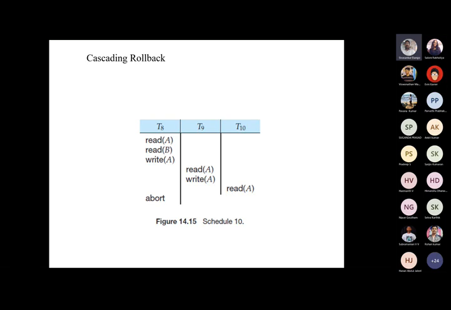So a single failure of a transaction leads to a cascading rollback of a series of transactions that are dependent on that transaction. It's known as cascading rollback.